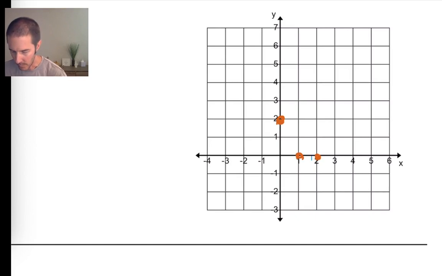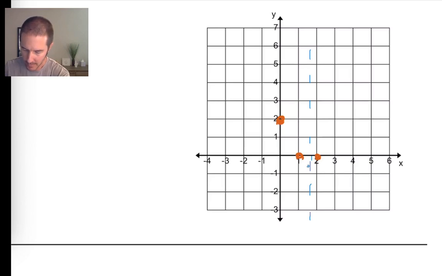It's not working so well. Let's see if that's any better. It's still too far to the right, but you get the idea. This is supposed to be going right up the middle of my parabola. It's symmetric about this line. It's right in between my two x-intercepts.